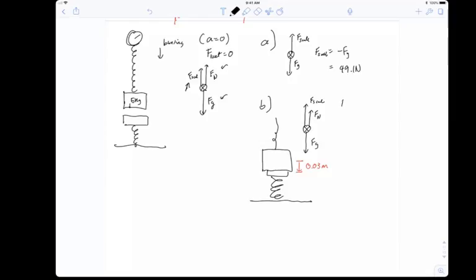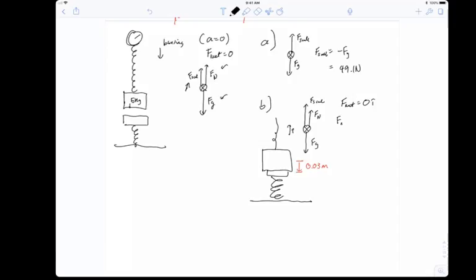And because F net is equal to 0, they're telling us that the scale reads 40.